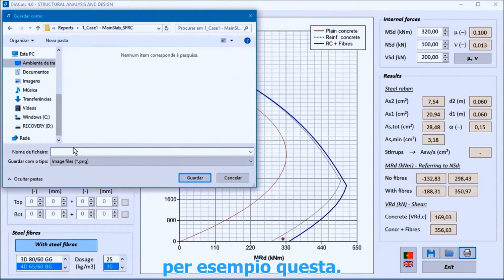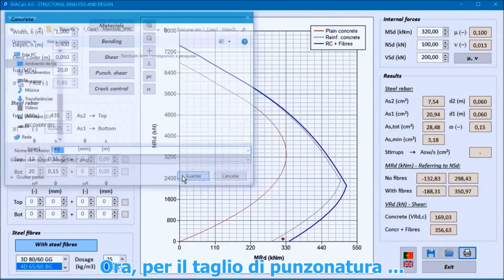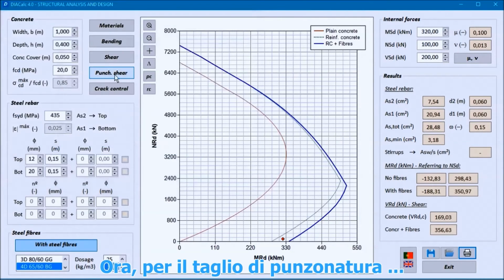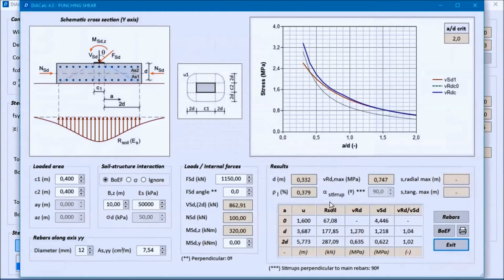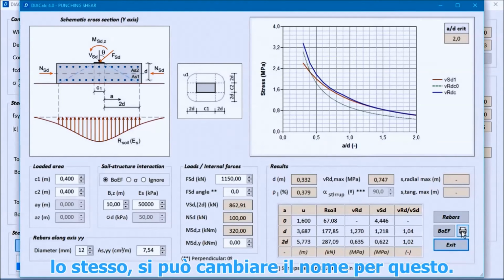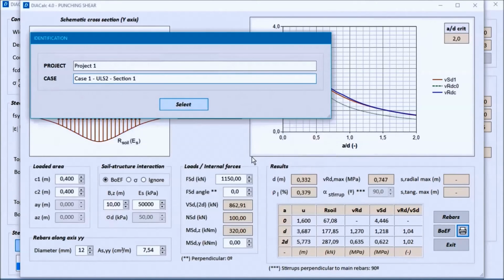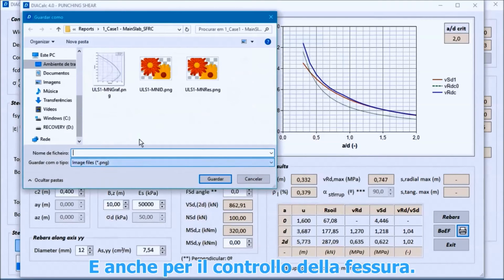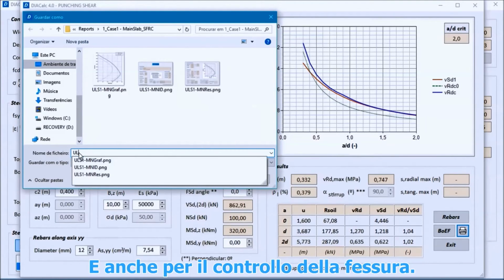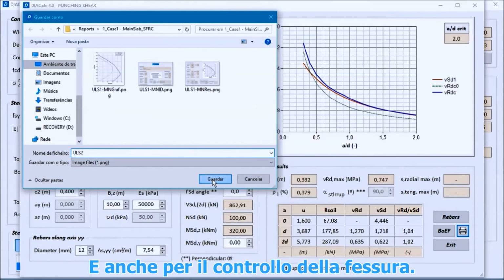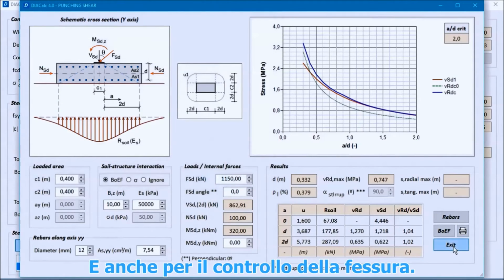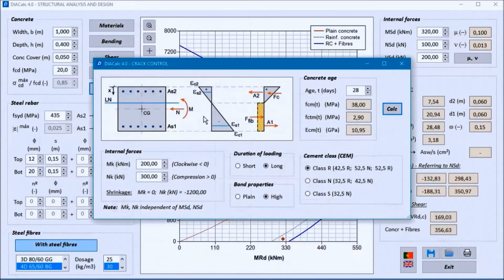Okay, for instance this one. Now for the punching shear. Same, we can change the name for this one. And also for crack control.